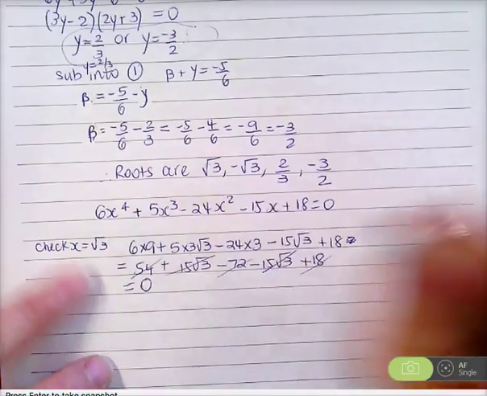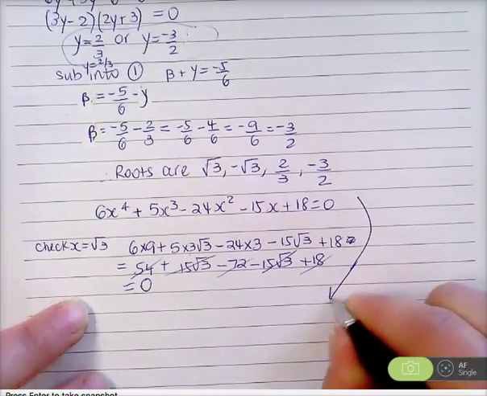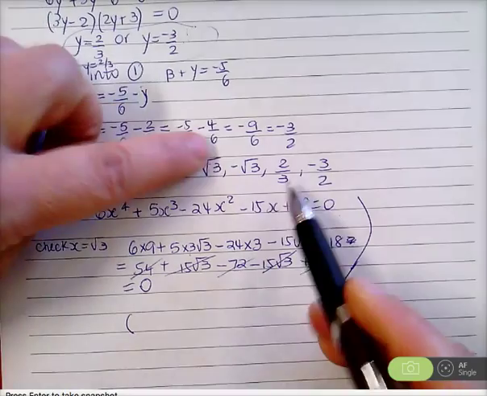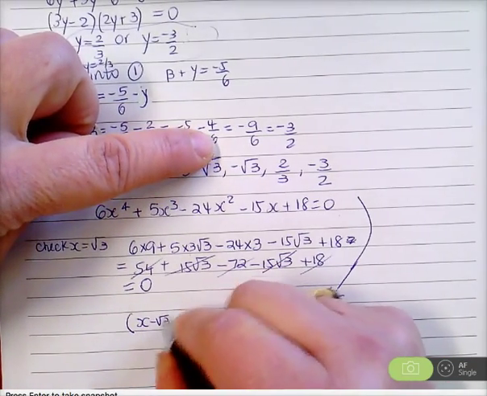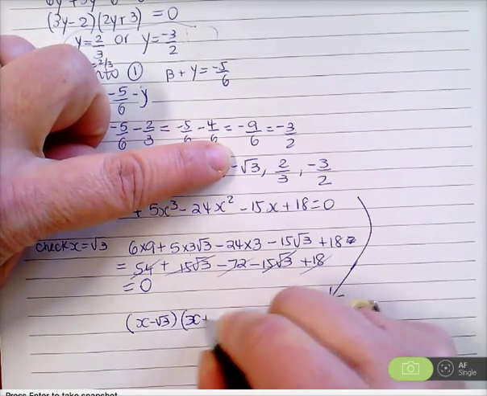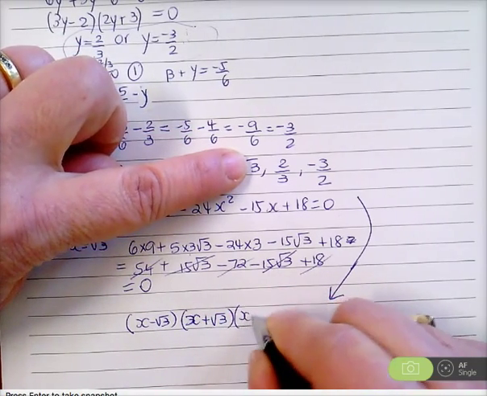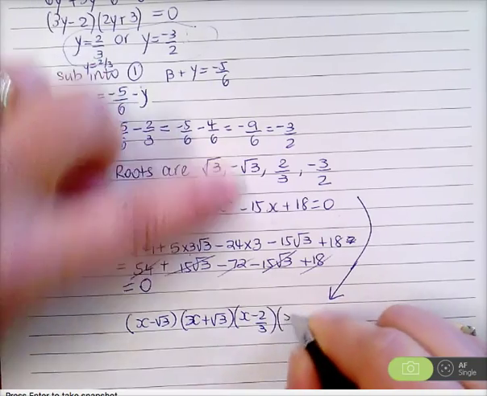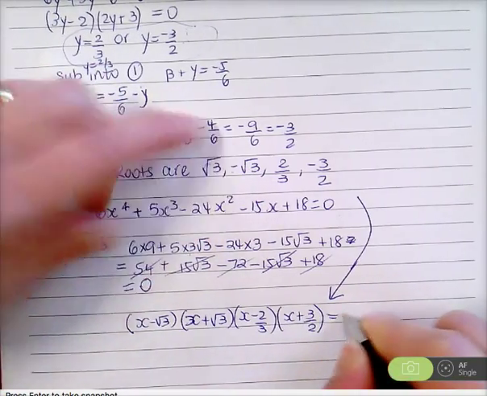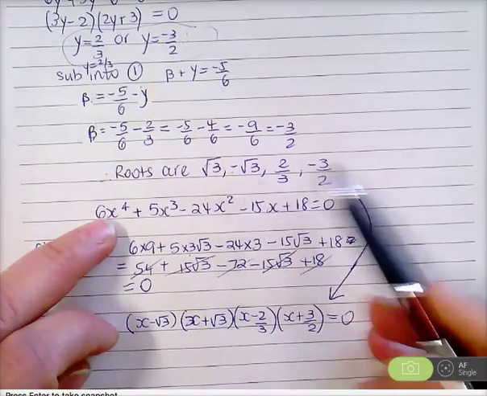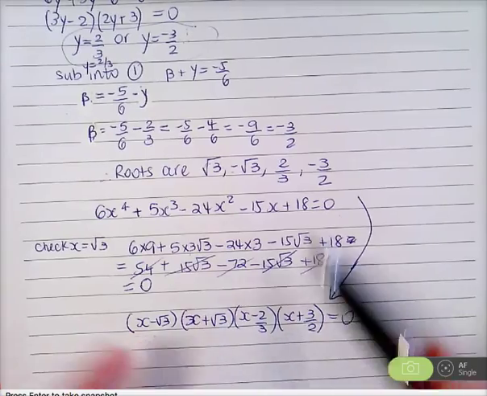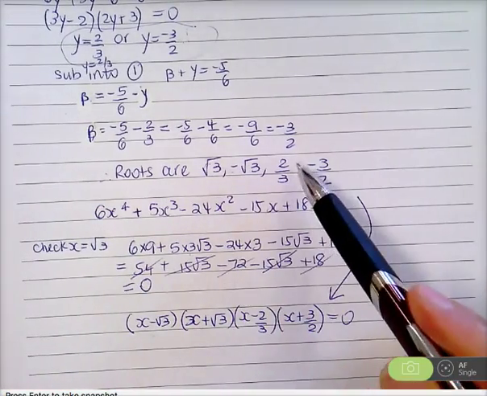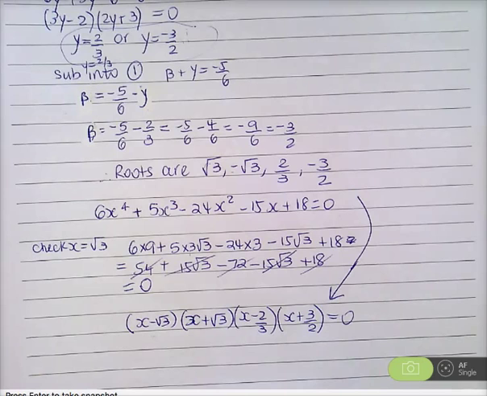And if I write it in factored form, since they're the roots, I would get x minus root 3, x plus root 3, x minus 2/3, x plus 3 on 2. These are factors. That's the factorized form, because I know that my roots are that. Your factors are x minus your root, x minus the root, etc.